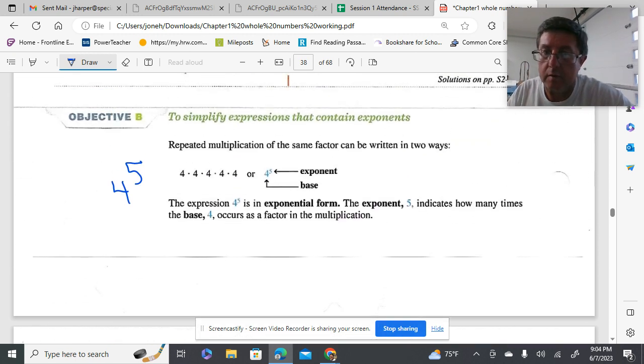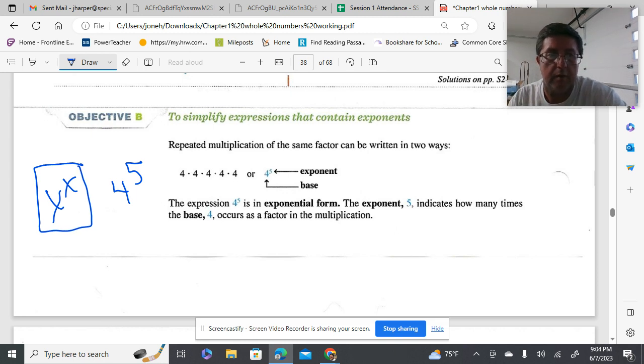So, what you do is you look at your calculator right below the off button. There is a y^x. Looks kind of like that. A little bit better y.